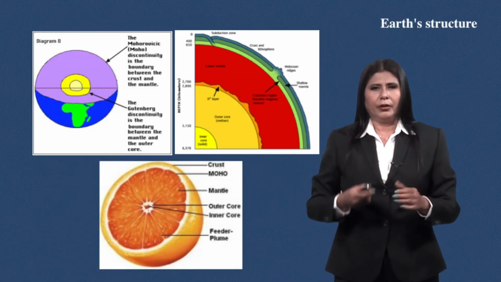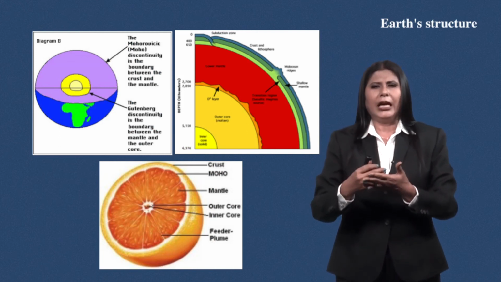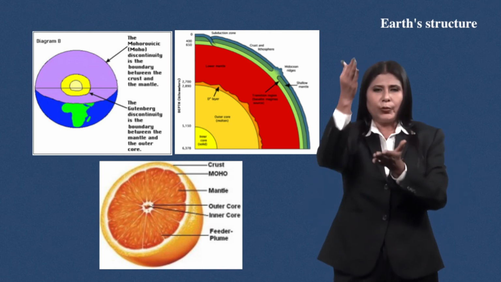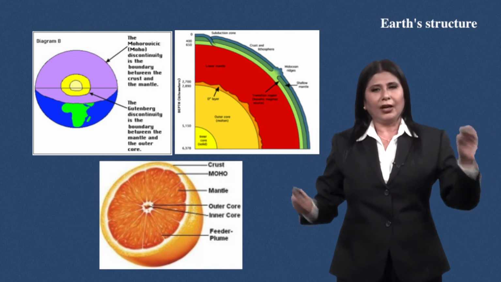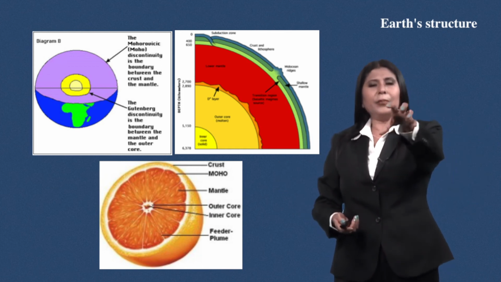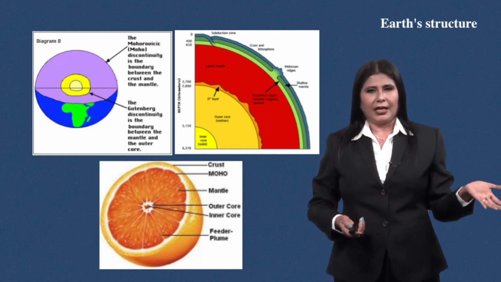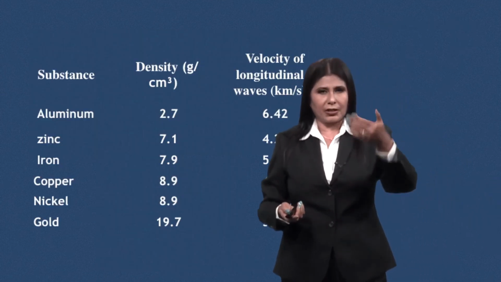So we have Mohorovičić, Gutenberg. It looks a lot like an orange. When we cut the orange, what we see is how the interior of the earth is: a core at the center, a mantle, and the skin is the crust. This is general information.